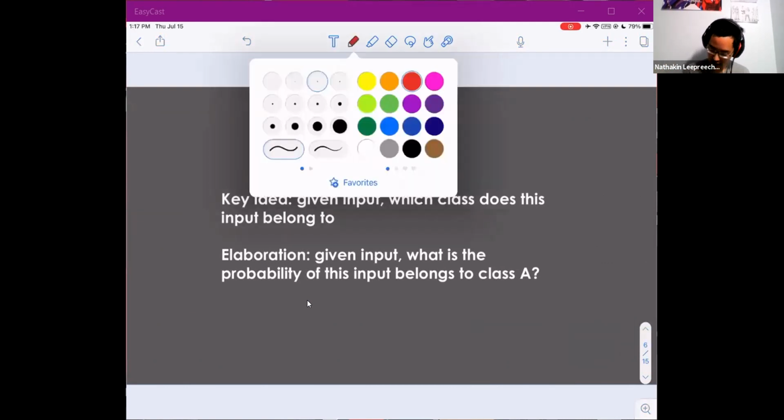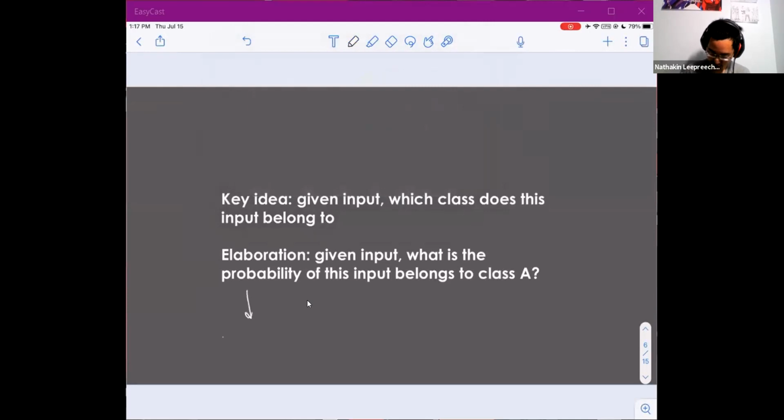In case you don't know, probability ranges from 0 to 1. Say if you flip a coin, the probability of landing heads is 0.5, and tails is also 0.5. But if something always happens, the probability is going to be 1. Say the sun will always rise, so the probability is 1.